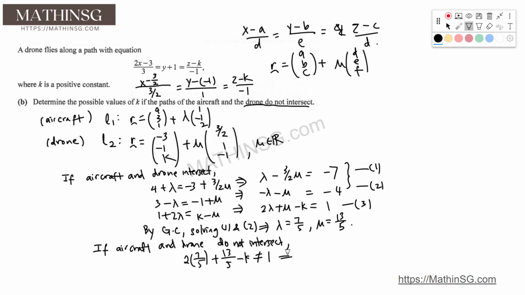Therefore k cannot be equal to 32/5, but k can be any other value. So the possible values of k is any real value except for 32/5.